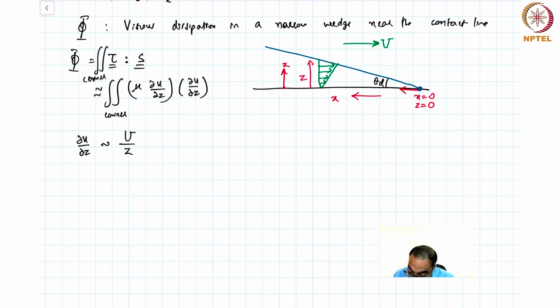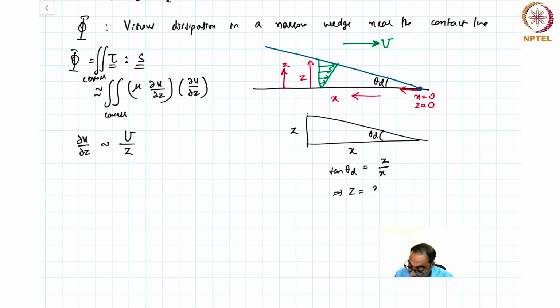But if you think of it like a triangle here, because it's a wedge, if you say that this is x and this is z and the angle is theta d, we can simply write tan theta d is z by x, and therefore z is equal to x tan theta d.